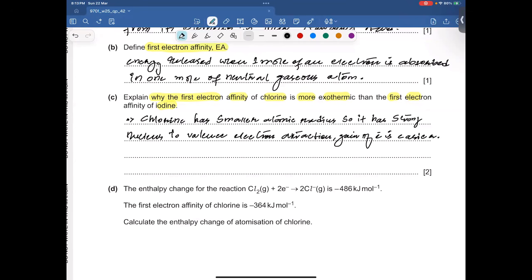All right. While iodine has larger atomic radius.